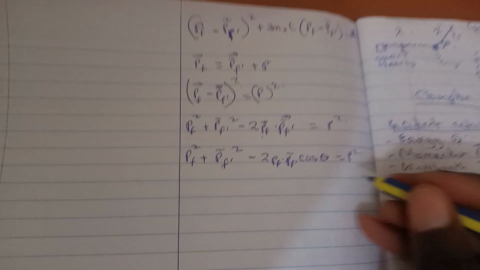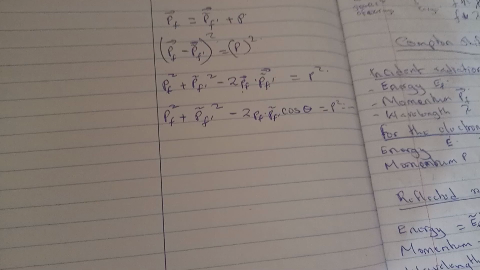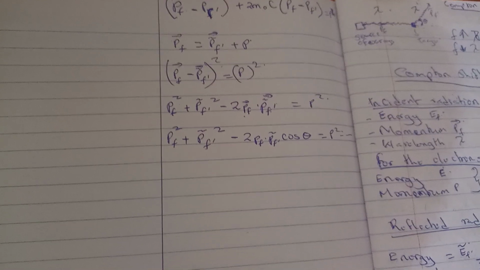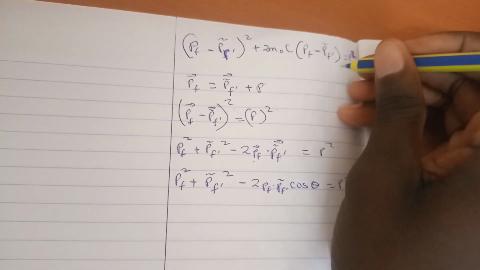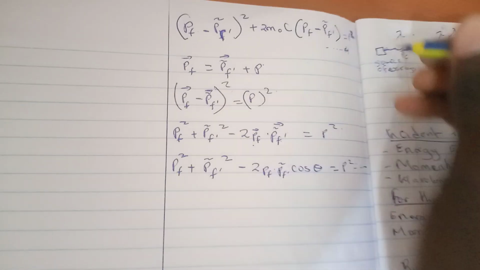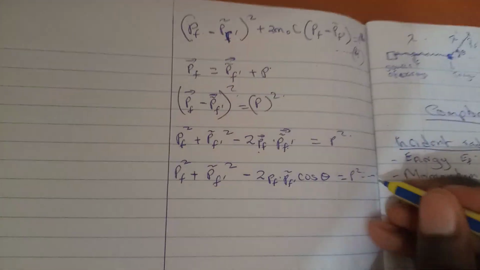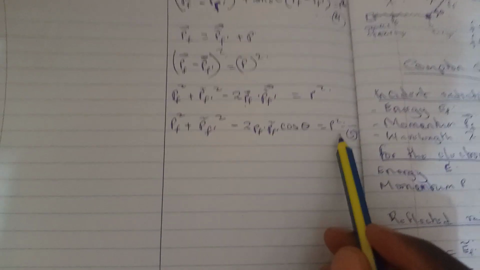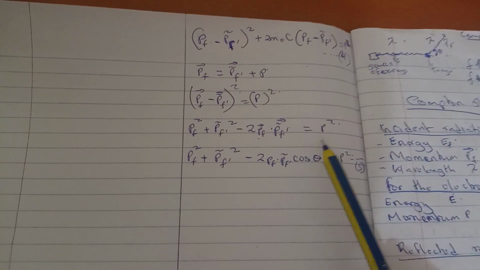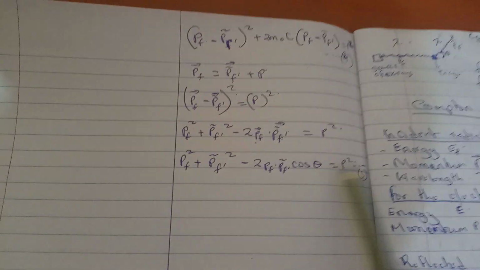Now let's call the earlier one equation 3, let this one be equation 4, and then this one be equation 5. Now let's compare equation 4 and 5. These equations are equating to what? P squared.